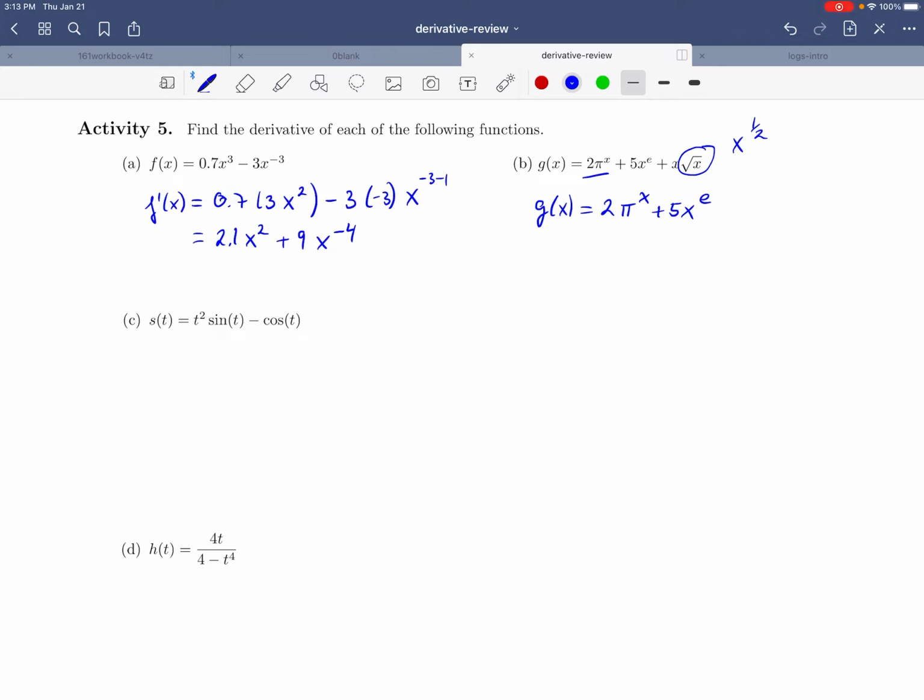And so I have x times x to the 1/2, that is a total of x to the 3/2. Because I have x to the first times x to the 1/2, that's a total of x to the 3/2. So far, I haven't taken any derivatives. That comes next. So we only rewrote our original function in a different form.